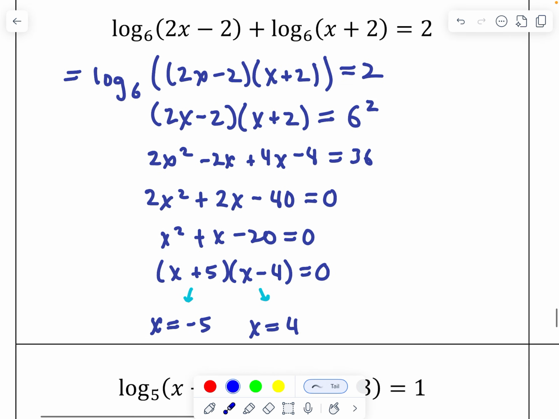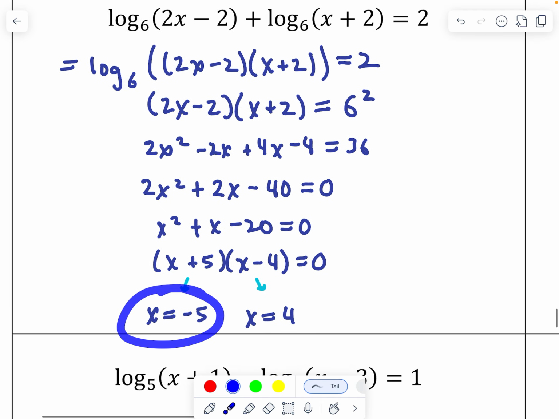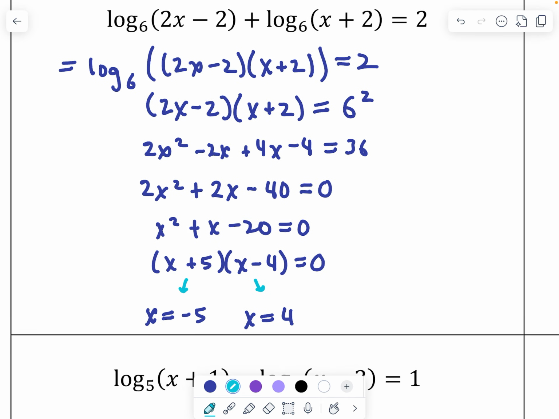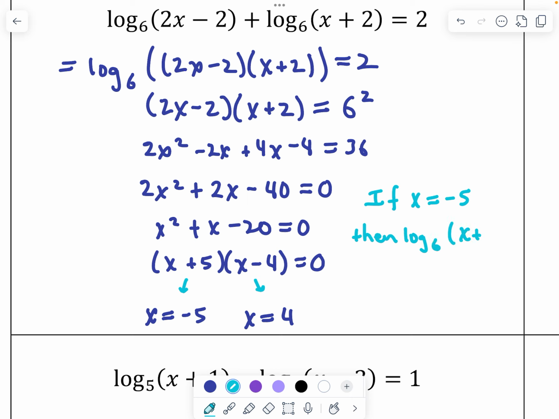So that doesn't mean that the negative 5 itself is wrong because it itself is negative. But what the issue here is, if x equaled negative 5, then let's look at this second piece, the second logarithm. Then log base 6 of x plus 2 would be log base 6 of negative 3, because I'm just plugging in the negative 5 right here.